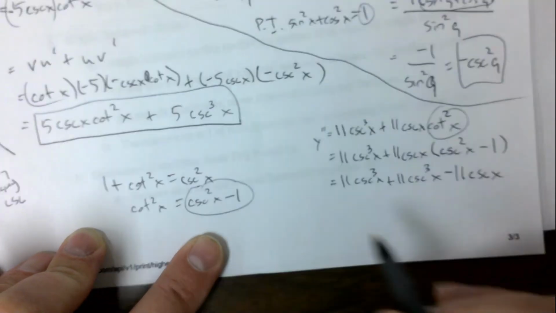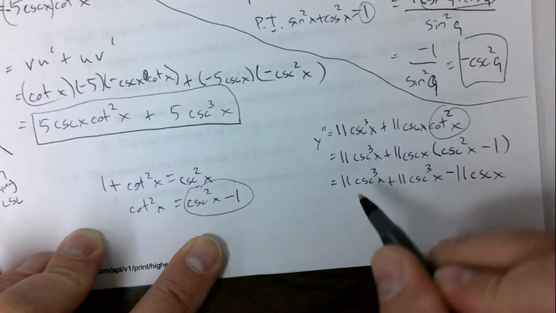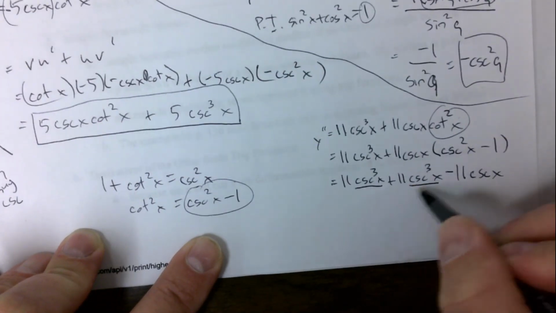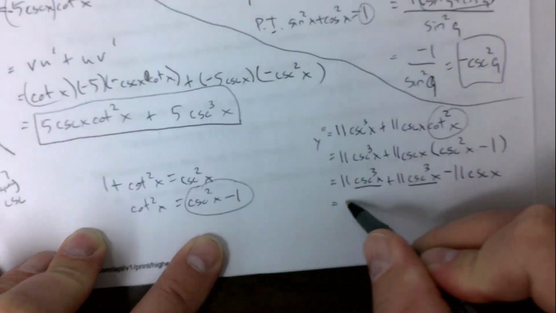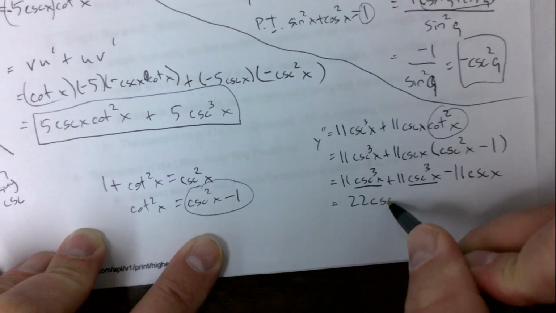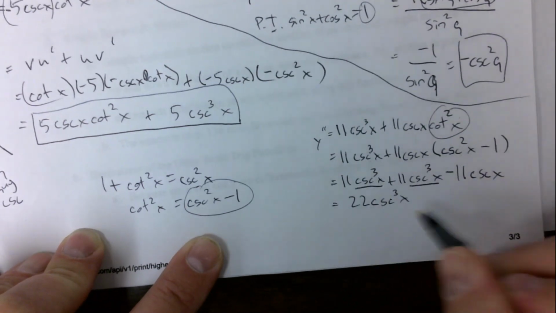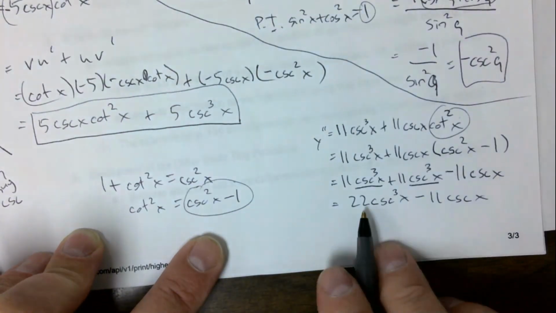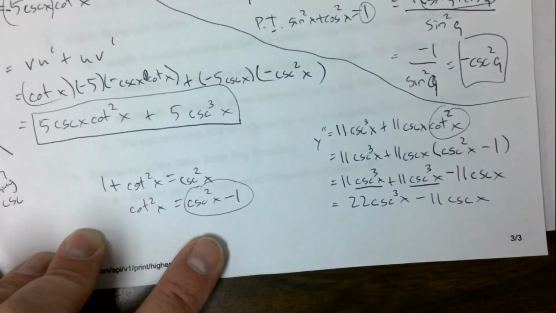Now there we're very close. We just say 11 of this plus 11 of this. They're like terms, so that's how they get 22. And then minus 11 cosecant x. And so that's the same thing we're going to end up doing.